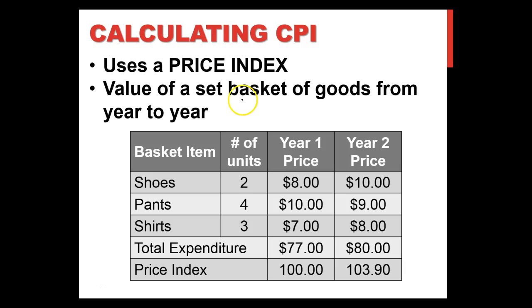So we take our new value, 103.9, new, minus the old, 100, divided by old, and multiply it by 100, and we get the percent increase in overall prices from year 1 to year 2. In this case, we would get 3.9%.